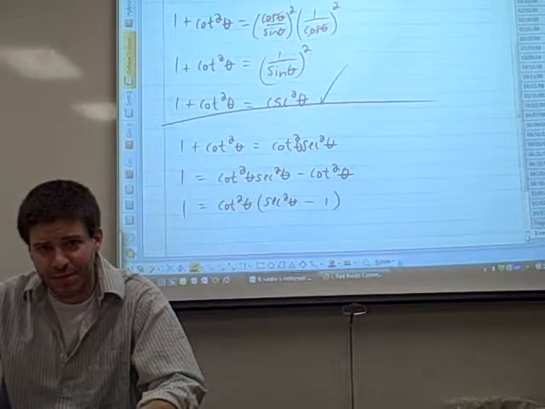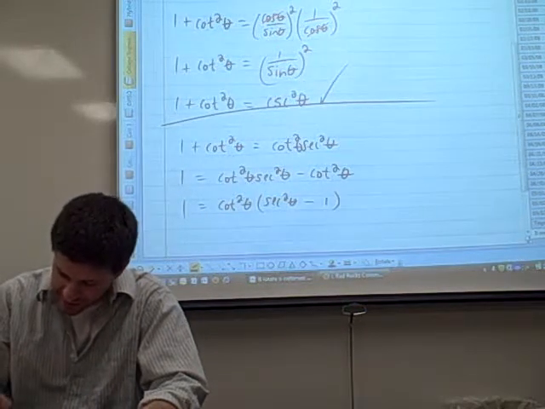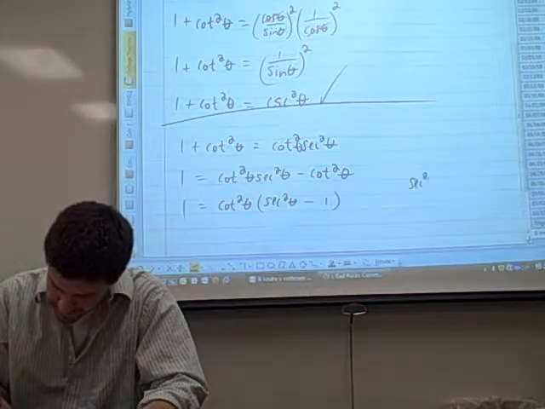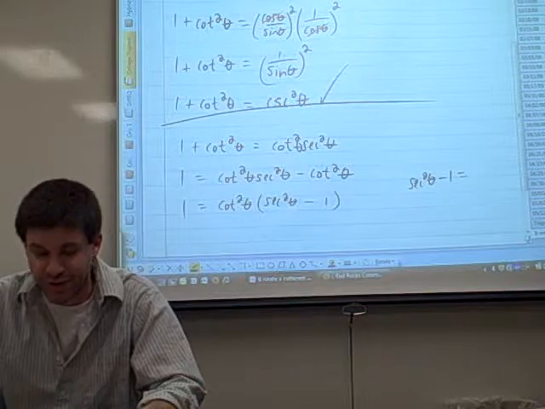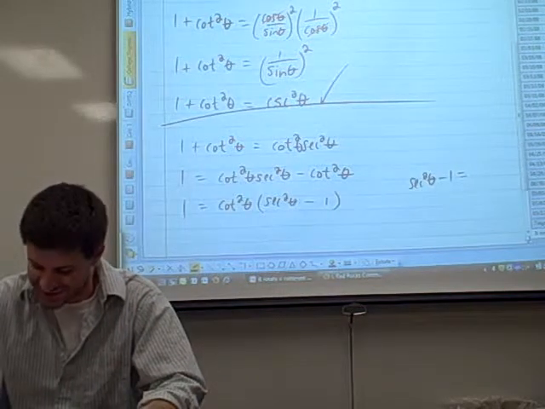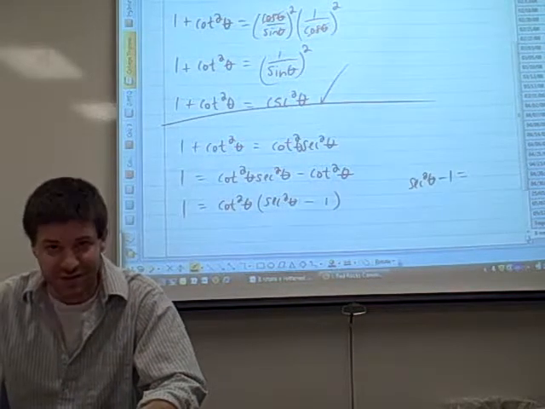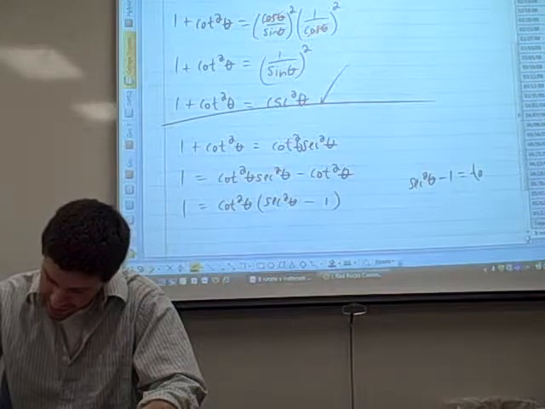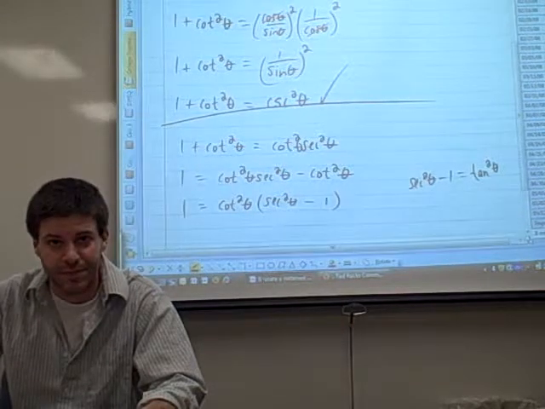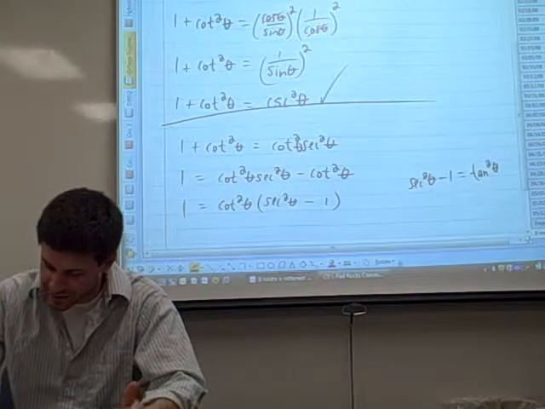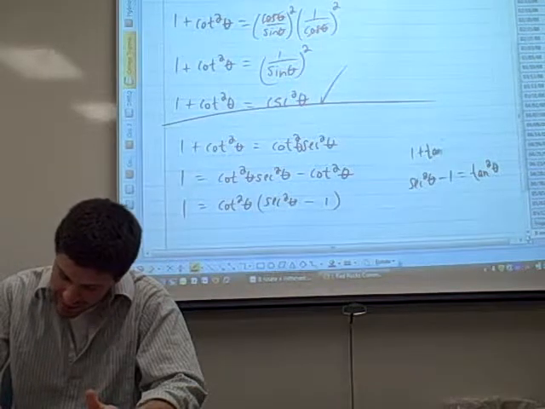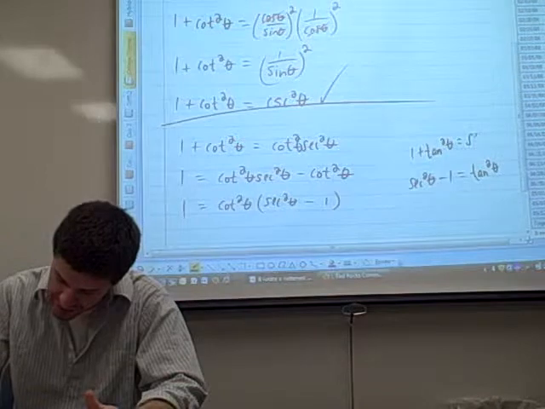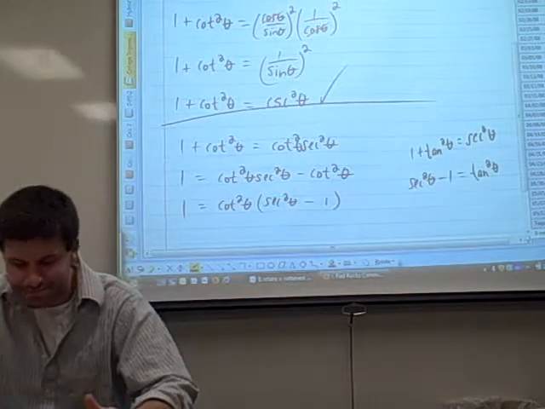Now, secant squared minus 1, is that anything? Well, if you look at your Pythagorean trig identities, you'll notice that it's actually equal to tangent squared. The form that we usually write it in, I believe, is 1 plus tangent squared equals secant squared.